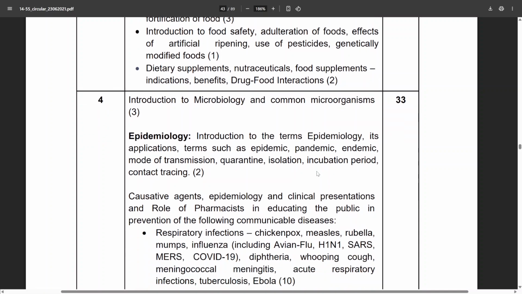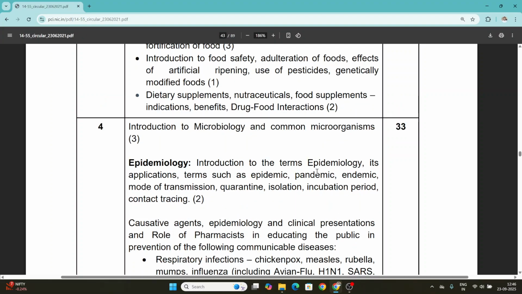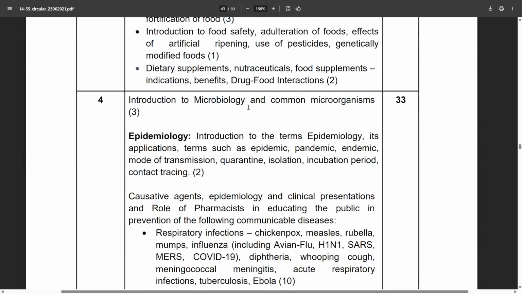Chapter 4, Introduction to Microbiology and Common Microorganisms.